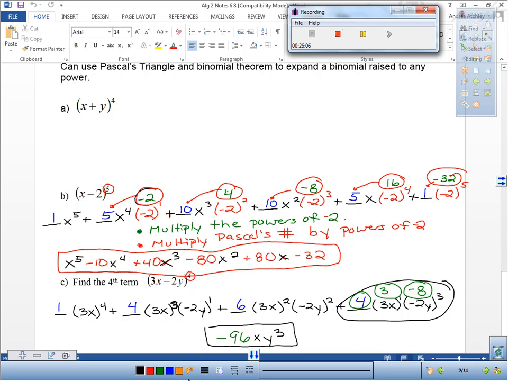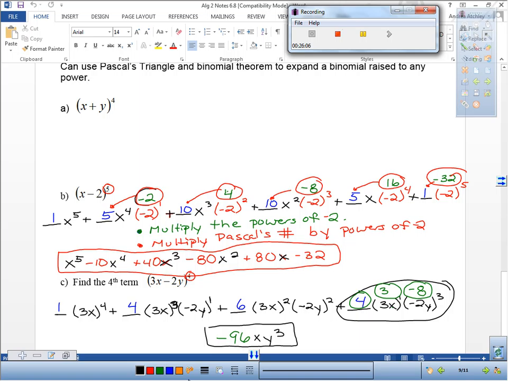Any questions over that? Yes. If you can, yes. For me, it's a little bit harder to do. I like to write it out to make sure, because then I confuse myself. But if you can do it, you're just more likely to make mistakes. Any other questions?